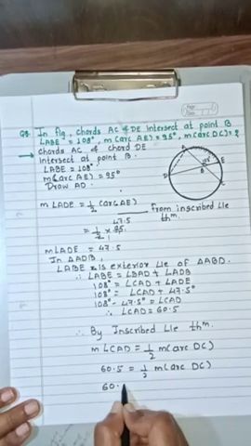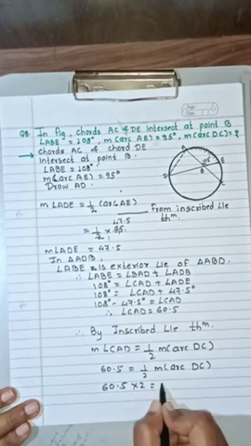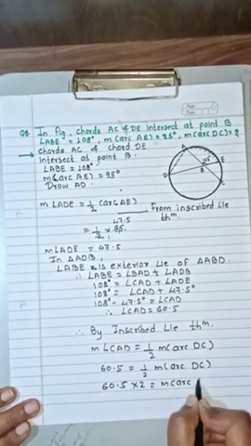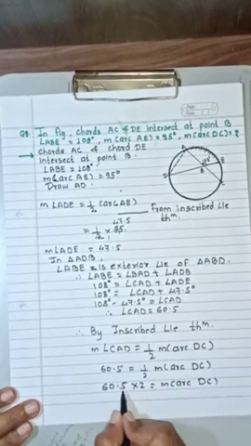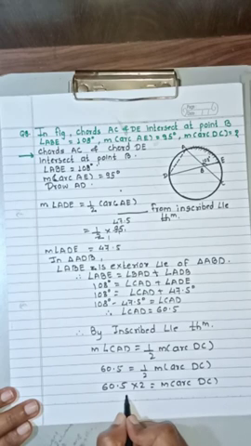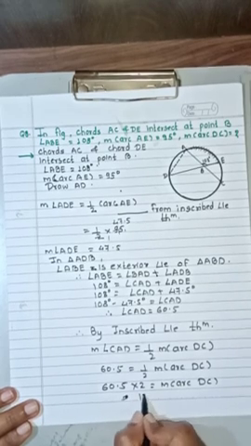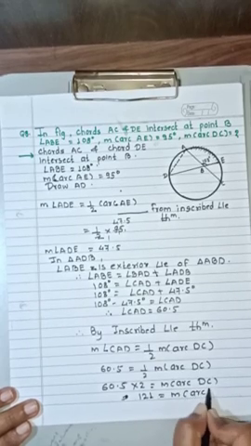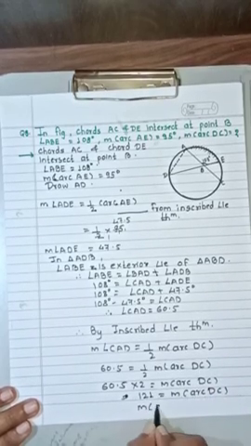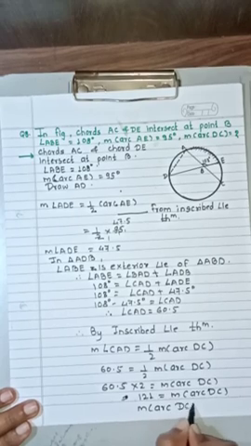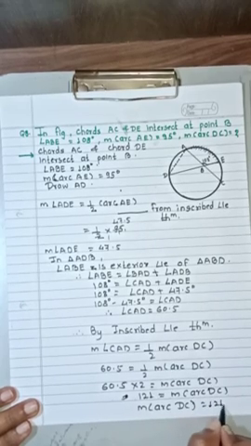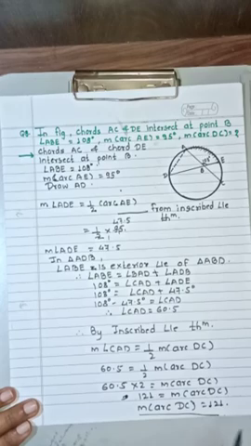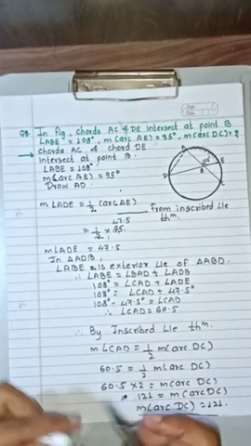Therefore 60.5 multiplied by 2 is equal to measurement of arc DC. Therefore that will be 121. You can write down measurement of arc DC is equal to 121. So here we have completed practice set 3.4. Okay.